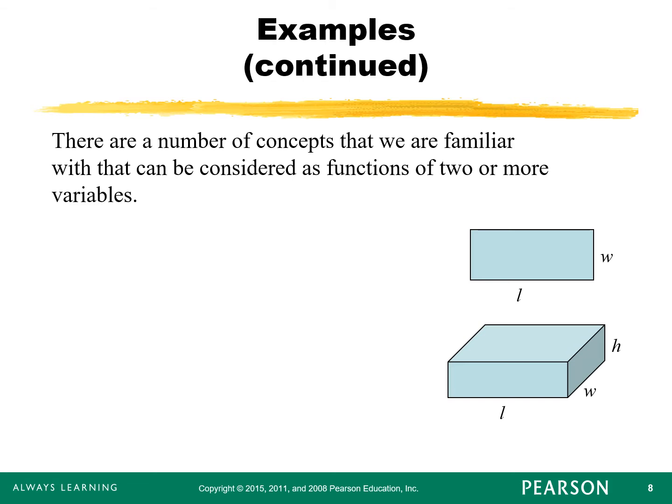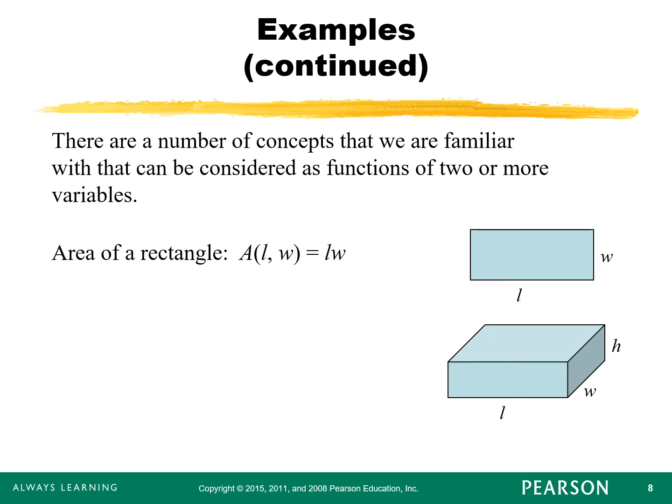There are a number of concepts that we are familiar with that can be considered as functions of two or more variables. We are seeing a rectangle and a rectangular box, right?